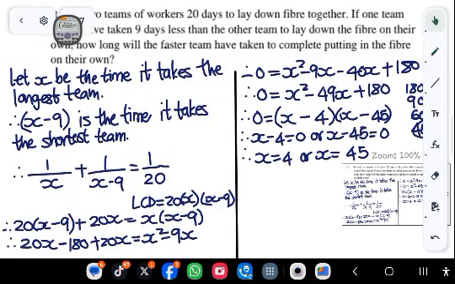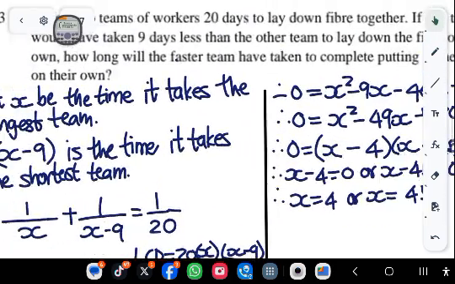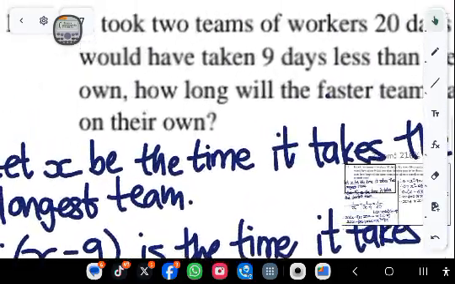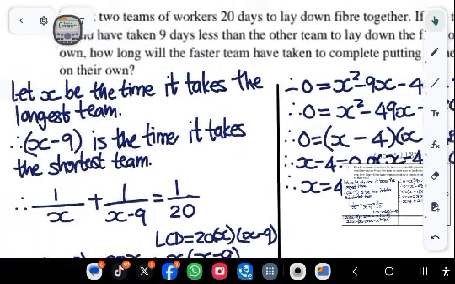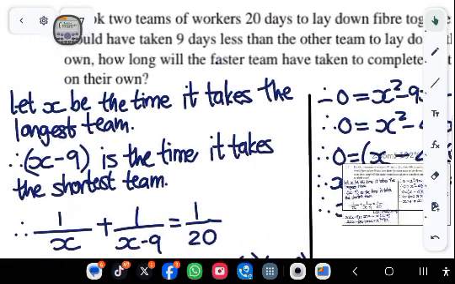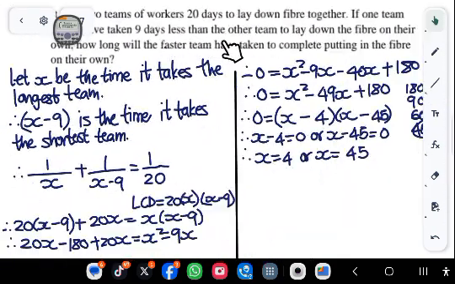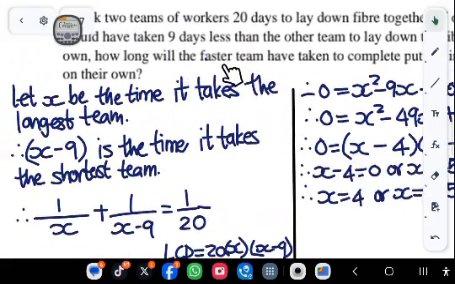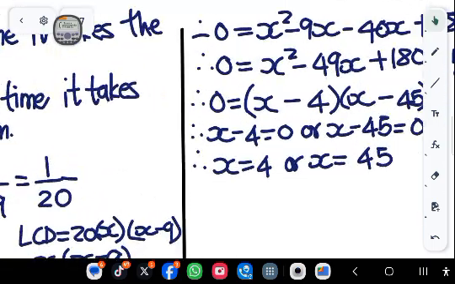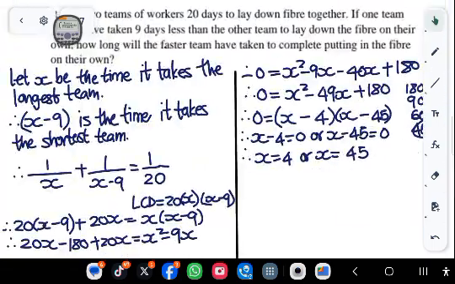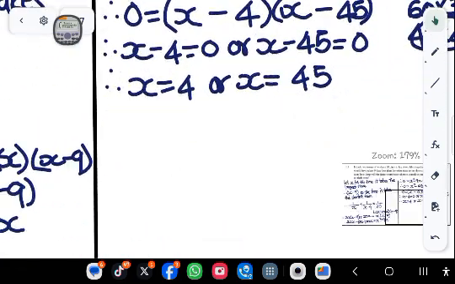And now you go back to the question. If one team would have taken 9 days less than the other team to lay down the fiber on their own, how long will the faster team have taken to complete putting in the fiber on their own? The faster team should take x minus 9 days.